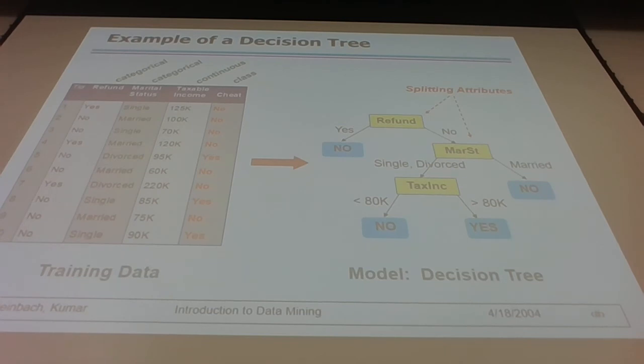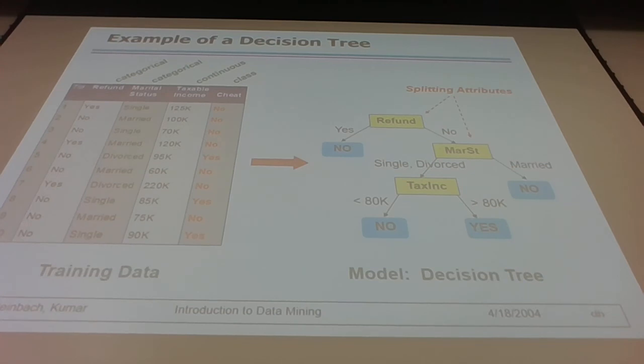Right? So we chose refund somehow. Now there are two options: yes refund, no refund, right? So this refund will have two child nodes. If it is yes, then you take all the data points that are yes on refund and put them on one side.